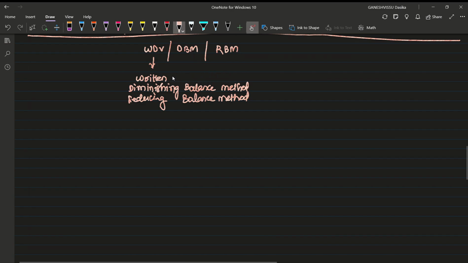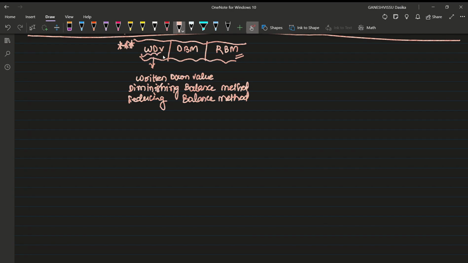So this is written down value. And what is the usage of this method? It is a very important method of depreciation. Most probably, the reducing balance method, I mean the written down value method, will be tested in the examination.